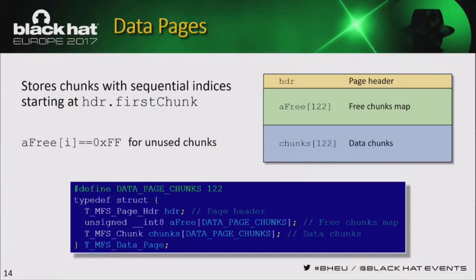And as I said, in the header there is the index of the first chunk that's stored within this page. So when you know the index of a data chunk, you just find the proper page, find the offset within that page, look at the free elements array and see if it's stored or not, and extract the data. It's a very easy operation.